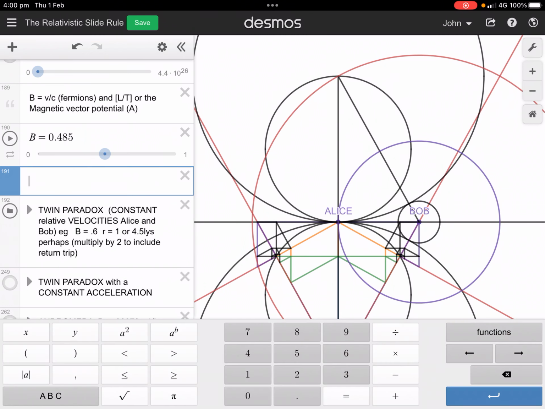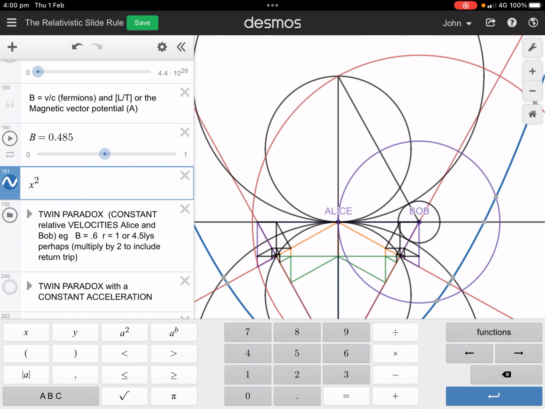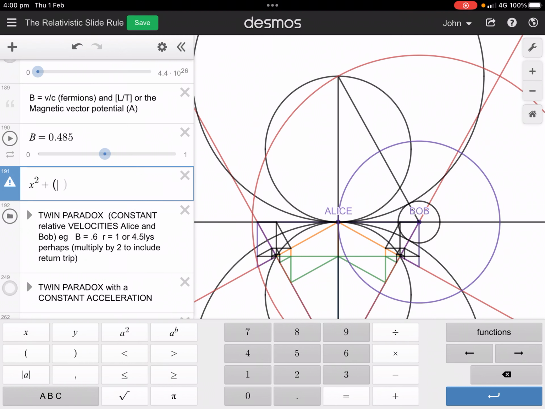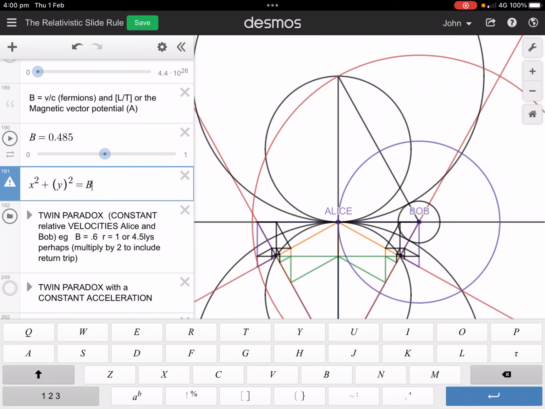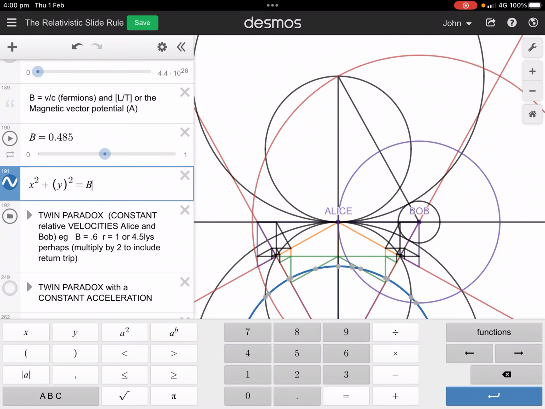So let me put in a circle for the velocity, which is 0.6. Right, so I'll just go x squared plus y. Now I would normally just say y squared equals the radius of the velocity.